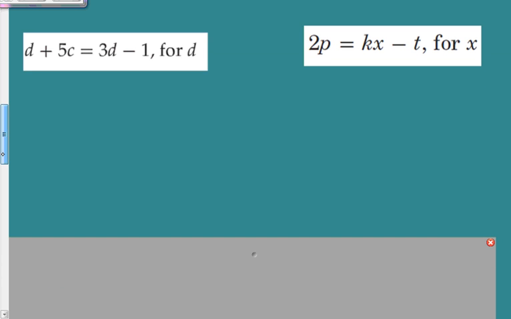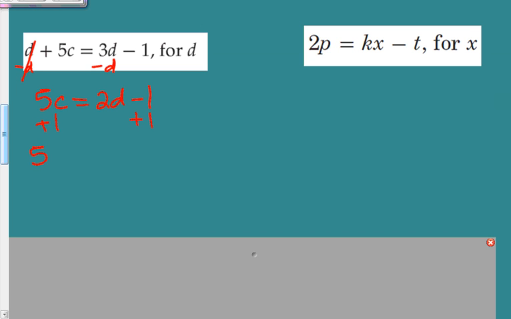Now let's do, we're solving for d this time. Well, we have two d's, one on each side. First thing I'm going to do is combine like terms. I'm going to subtract my d away, subtract my d away. So it's gone here. We just have 5c equals 2d minus 1. Next thing I'm going to do is add my 1 on this side, so get rid of my 1.